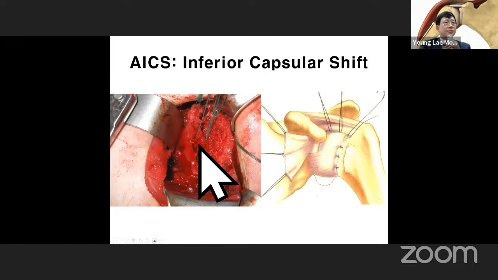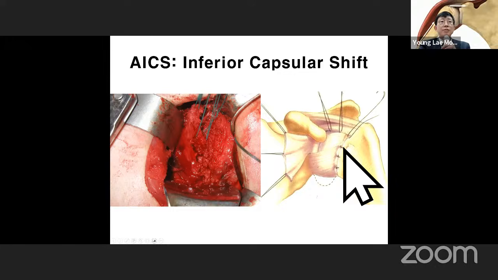Finally, we sew this capsule into the 1 centimeter of remnant of the other capsule. So between this incision and the humeral attachment is usually 1 centimeter.